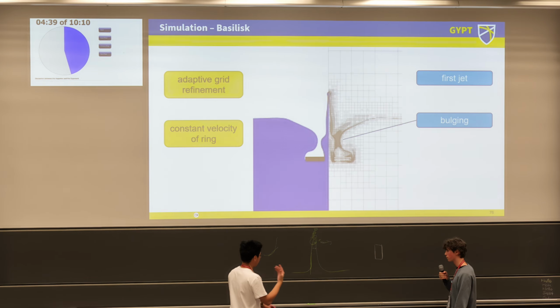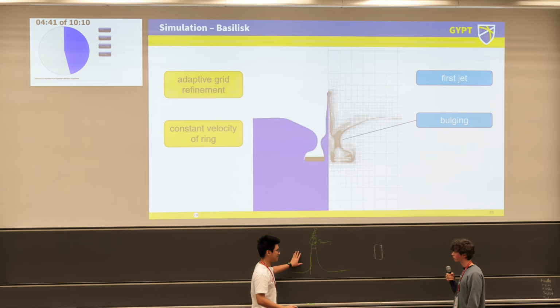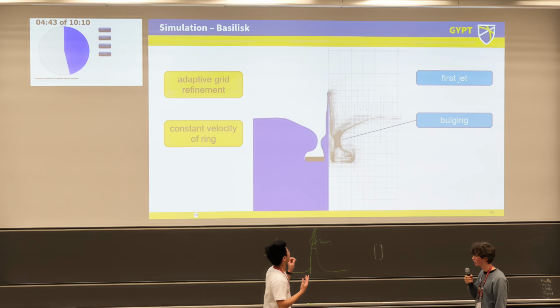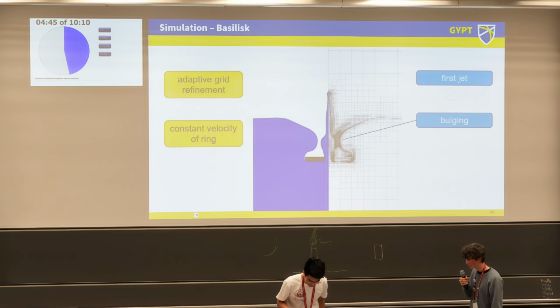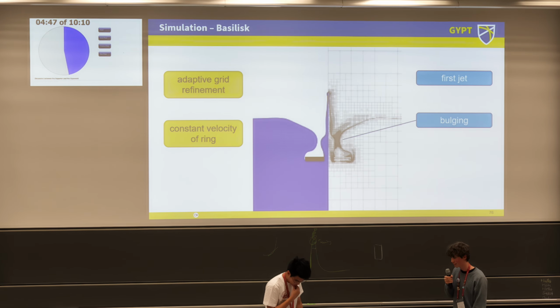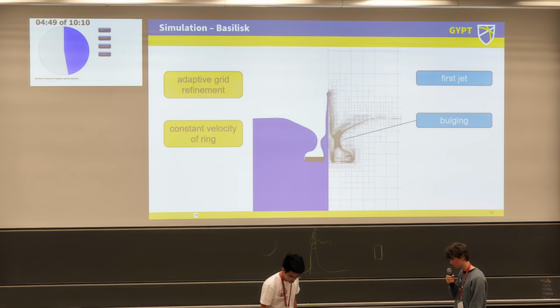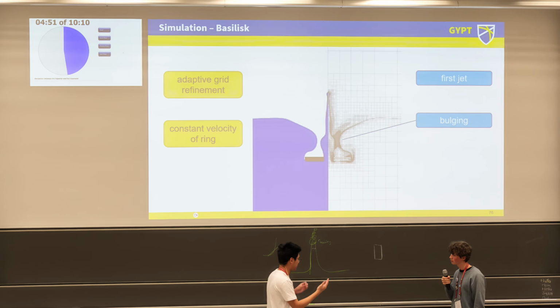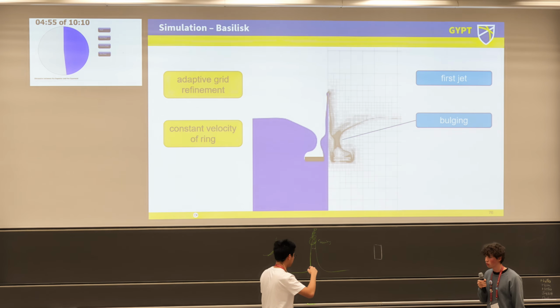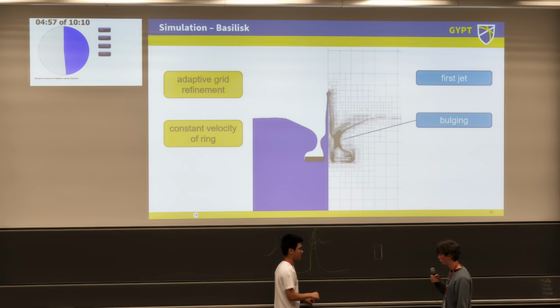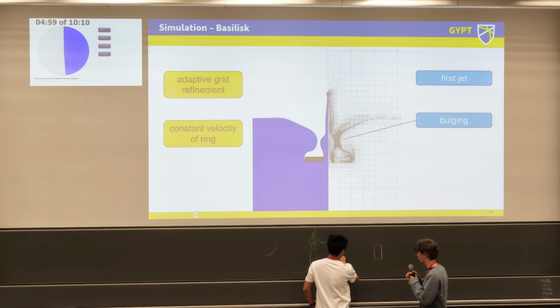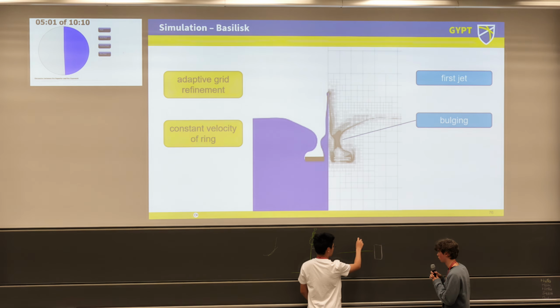Okay. And then moving on, we believe that the radial plateau has already used up some of the time. So secondly, I want to discuss how you actually estimate the dropping velocity, the ring velocity. How do you track the metal ring going down? We just extracted it from our experiment.